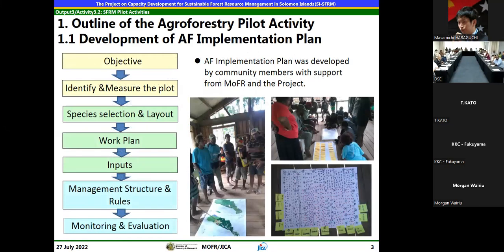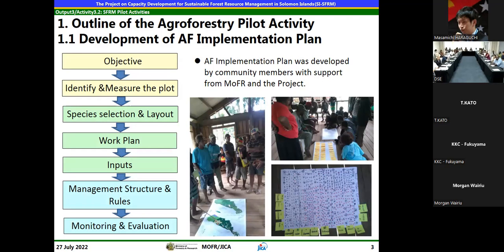In this project, we have two pilot sites. The first one is in Boli in the East Central Teluk Canal, and the other one is in Palake in West Barai, Malaysia province.